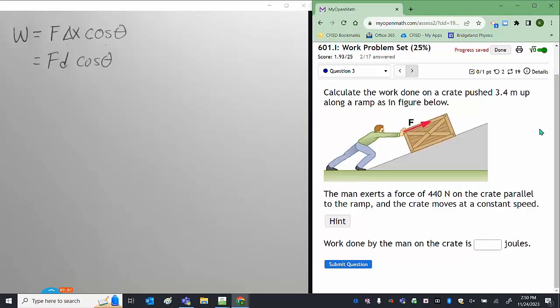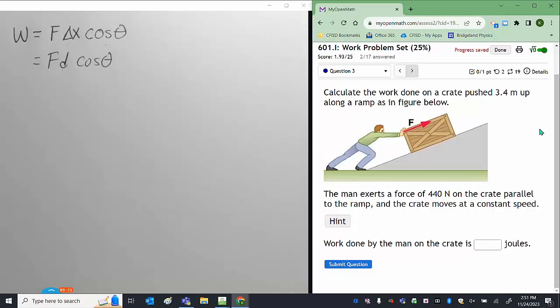We know that we have the force that the man is exerting, 440 newtons, and we have the displacement of the crate along the surface of the ramp. Because we know both the force and the displacement, we can just use our work equation, and since the force is parallel to the ramp, all of that force is in the same direction as the displacement.